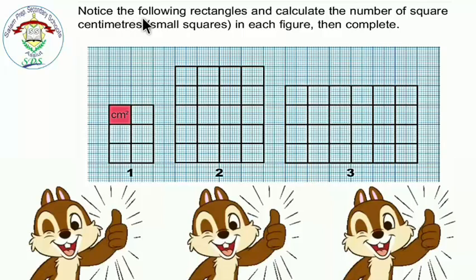Note the following rectangles and calculate the number of square centimeters, small squares, in each figure, then complete. Figure 1, rectangle, has length 3 centimeters: 1, 2, 3, and width 2 centimeters: 1, 2.